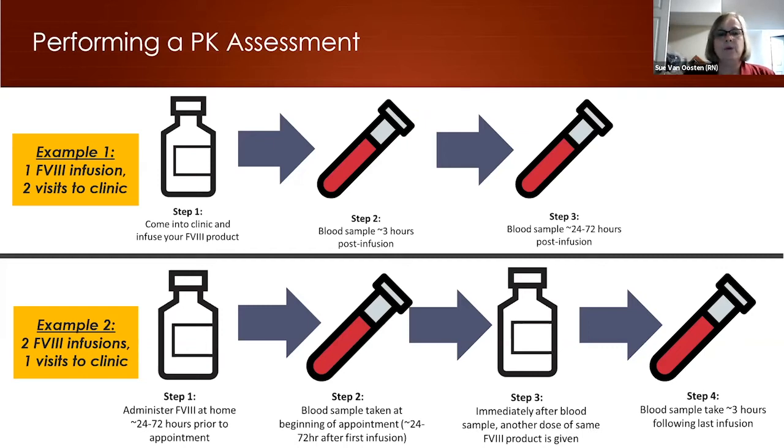There was a time when, in order to create a pharmacokinetic curve, we needed up to 11 blood samples to make that curve. But now we can do that curve with 3 using the WAPPS program.